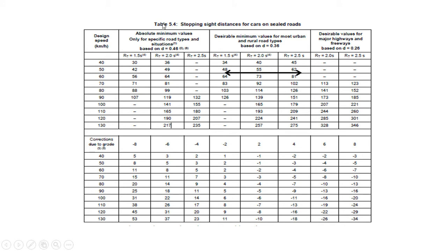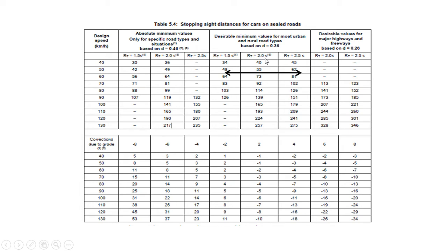According to the Austroads road design guideline, stopping sight distance is based on reaction perception time and deceleration of the vehicle. These are the two components. For example, if I'm designing an urban road with a 50 speed limit, based on reaction time, the stopping sight distance is 48 to 62.